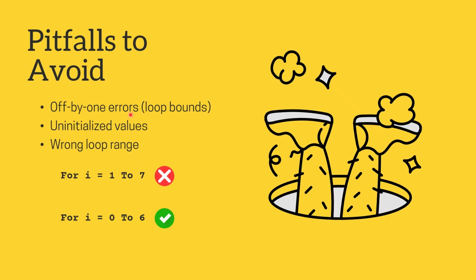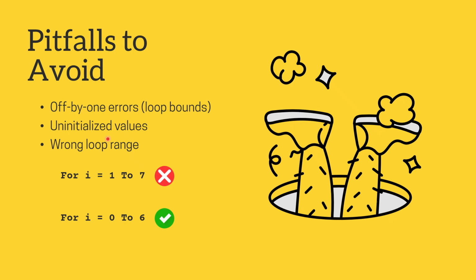The second one is forgetting to initialize values. If you perform some kind of math on an element before it's actually been assigned, the result can be kind of unpredictable and you might get an error message. Okay, and the next one is incorrect loop boundaries. Your loop should go from 0 to whatever the array size is minus 1.